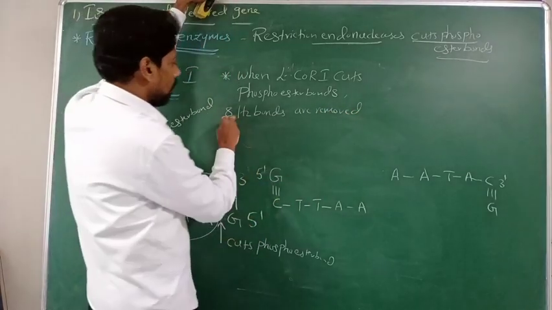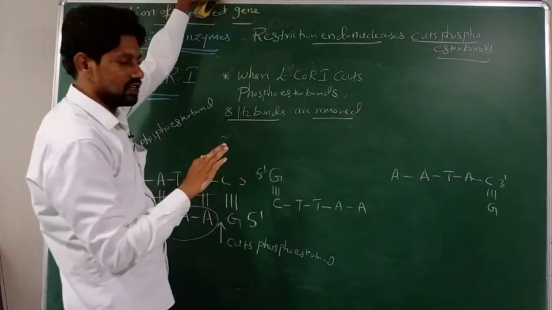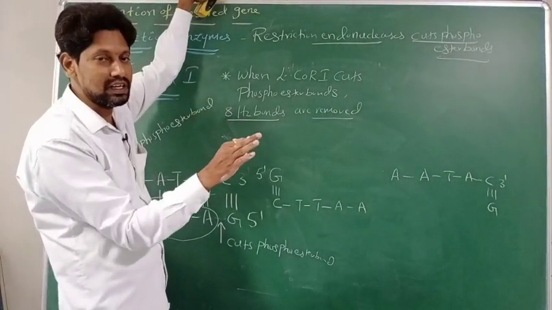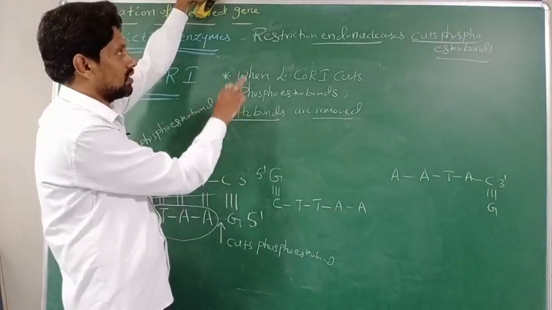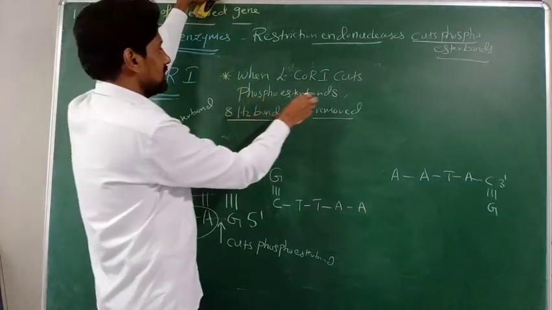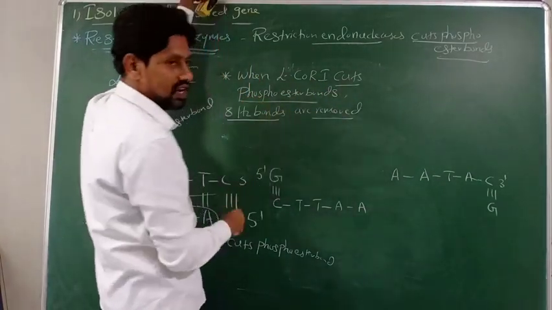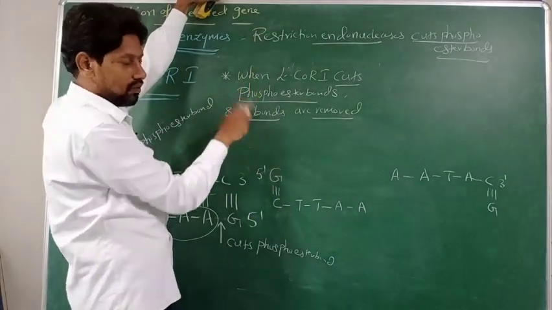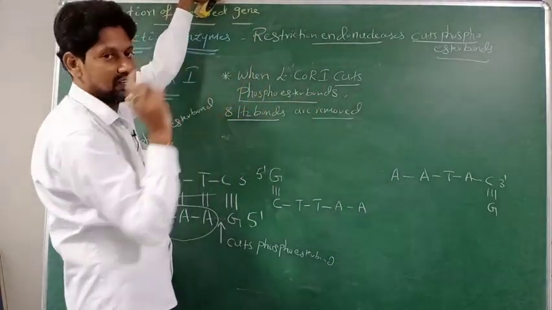Is it okay? How many hydrogen bonds are removed? 8 hydrogen bonds are removed automatically. But these hydrogen bonds are not removed by restriction endonucleases. Restriction endonucleases cut phosphoester bonds. When they cut phosphoester bonds, automatically 8 hydrogen bonds are removed.